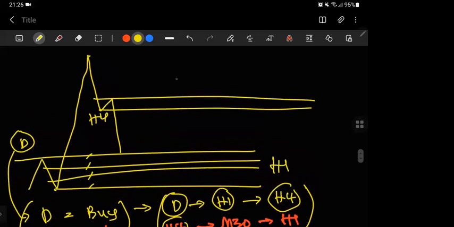So we know we're gonna look for M30 for setup and H1 for buyers. So what happened yesterday when I was trying to explain along with the momentum, when we try to find the buy setup, even there is no buy momentum, my mistake because I didn't focus on the sell.